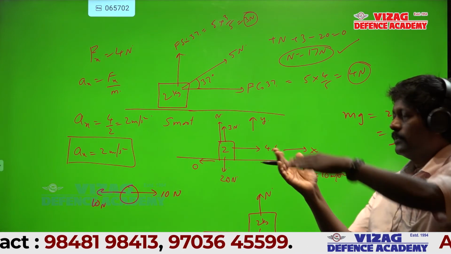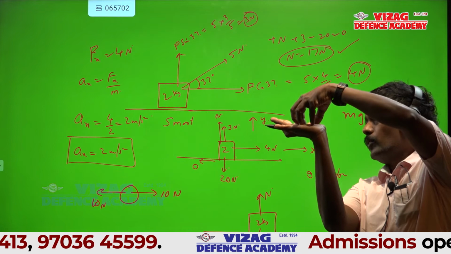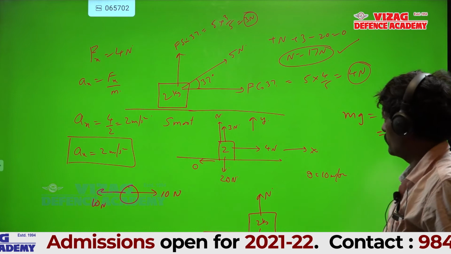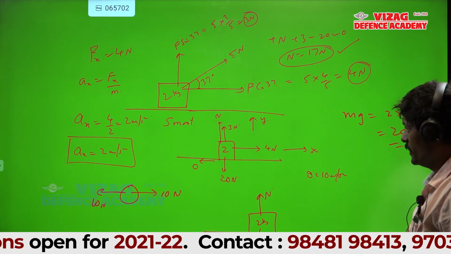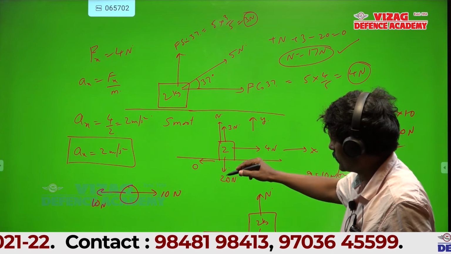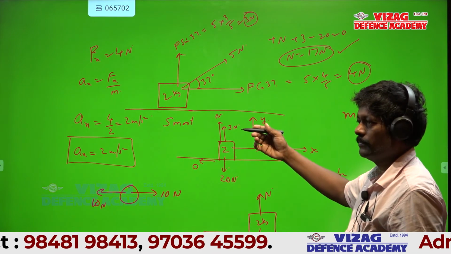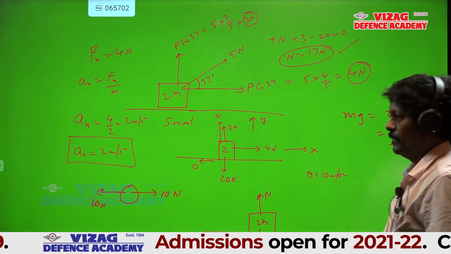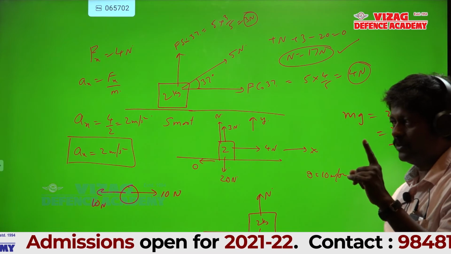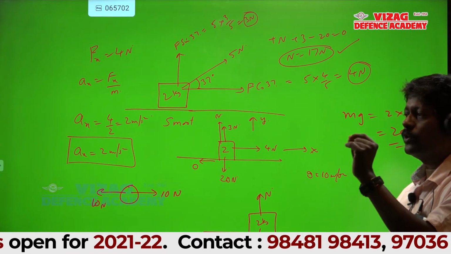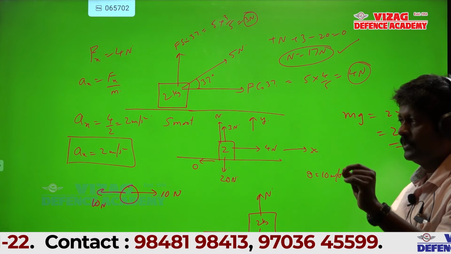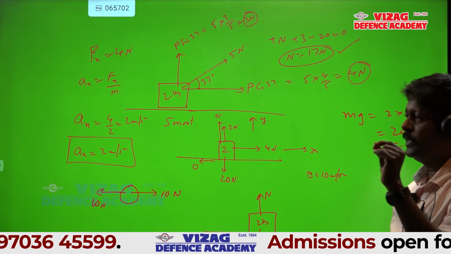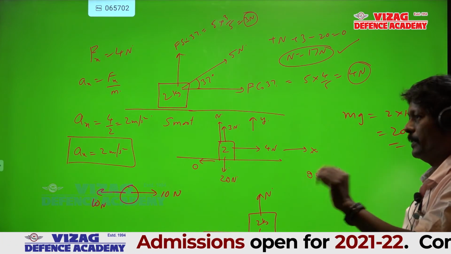Always remember, the force given by the surface on the body is called normal reaction, and it is perpendicular to the surface, not the force given by the body on the surface. Normal reaction is always perpendicular to the surface, whereas the weight of the body may or may not be perpendicular.